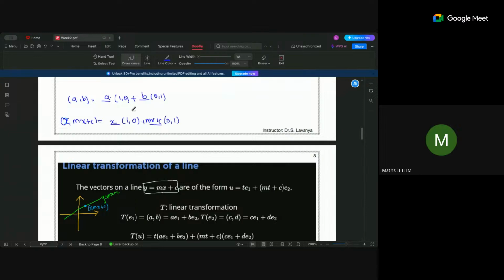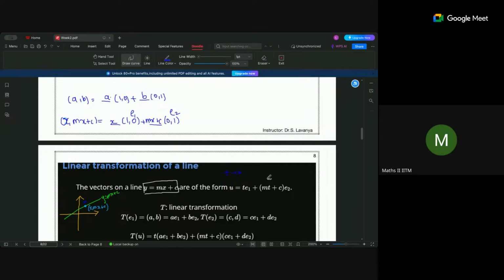So here, this is E1, this is E2. You see that the vectors on a line y is equal to mx plus c are of the form u. So you take any vector u, which is written as, instead of x, t is used. That's all, nothing has changed. u equals t times e1 plus (mt plus c) times e2. t is nothing but your x here, a real number.